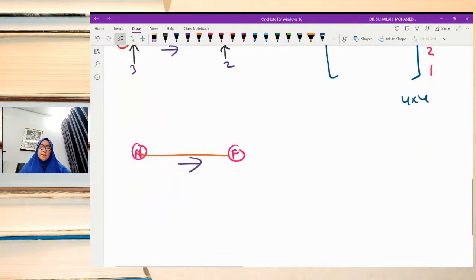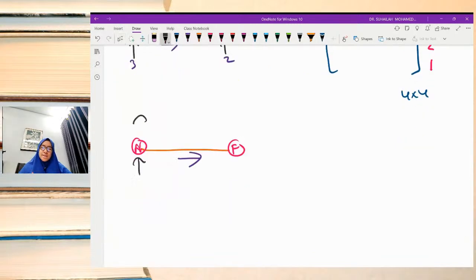We label the degrees of freedom Y and Z. The near end node actually joins B, so the label is 2 1 5 6.